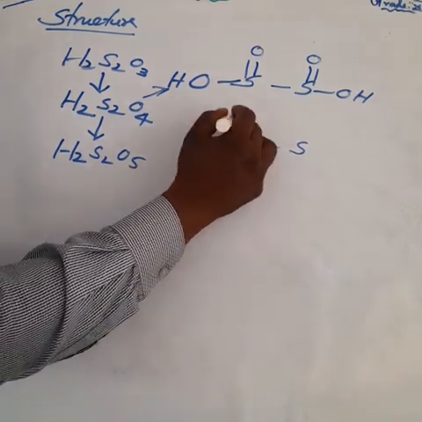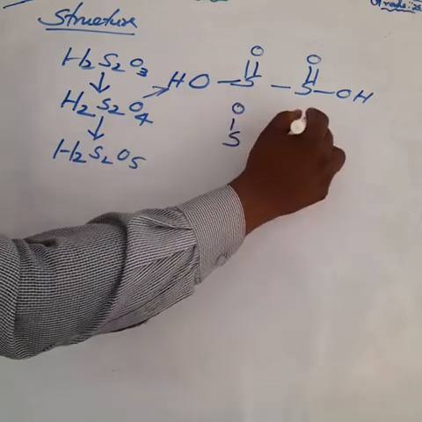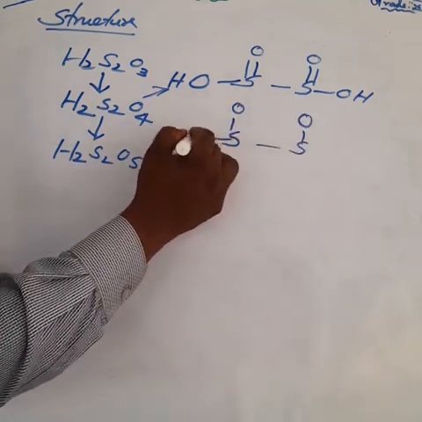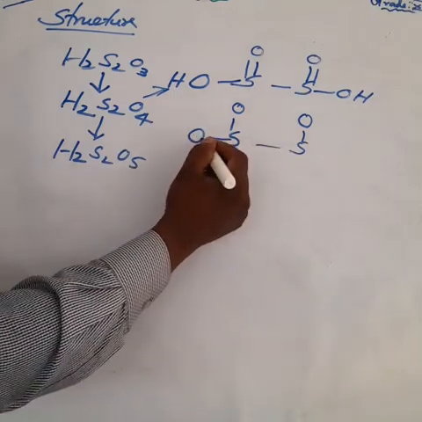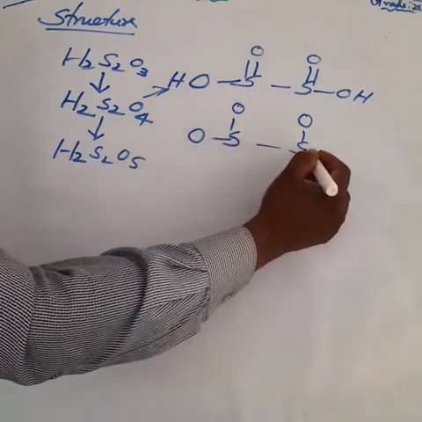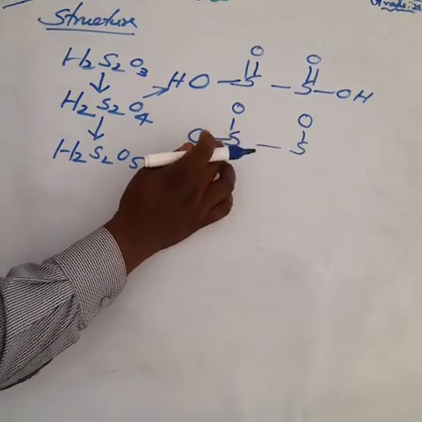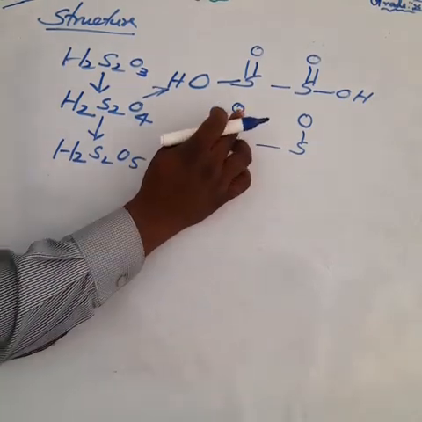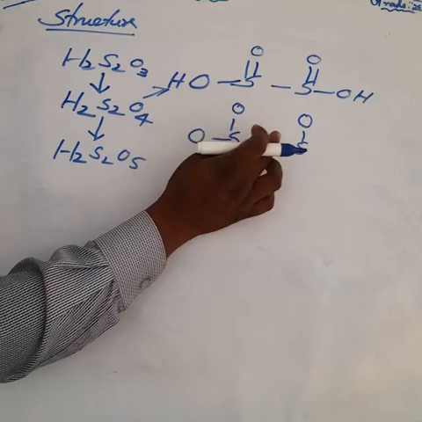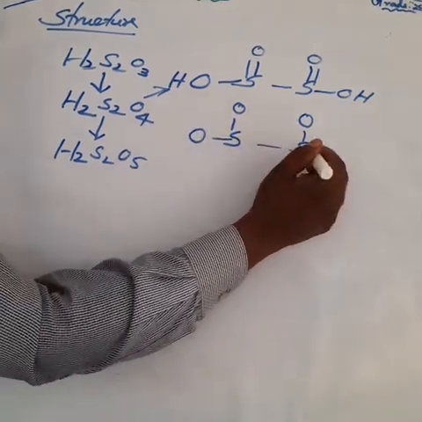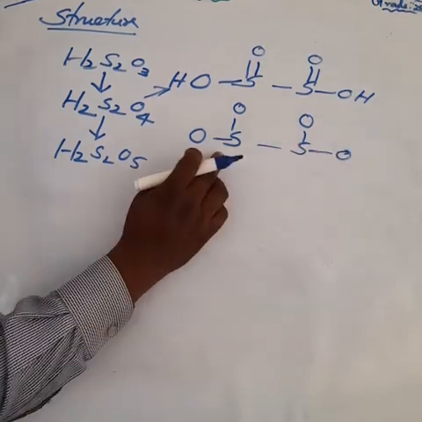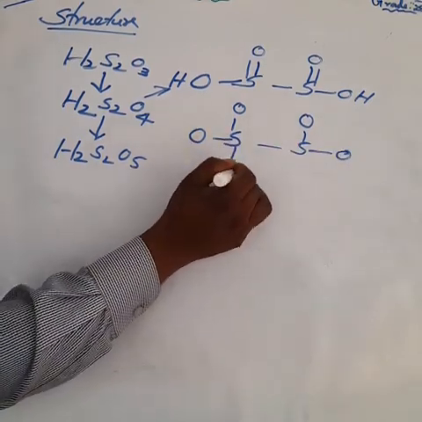How much oxygen is there? Five oxygen atoms. First sulfur, above one oxygen atom. Next sulfur, above one oxygen atom. Left side one oxygen atom, right side one oxygen atom, and one below the sulfur.